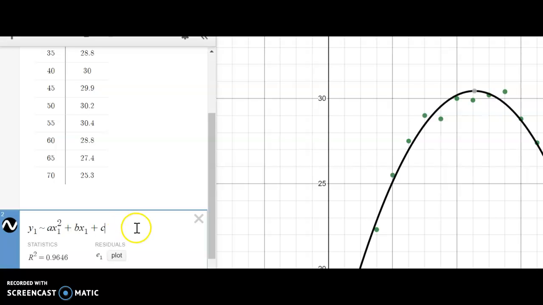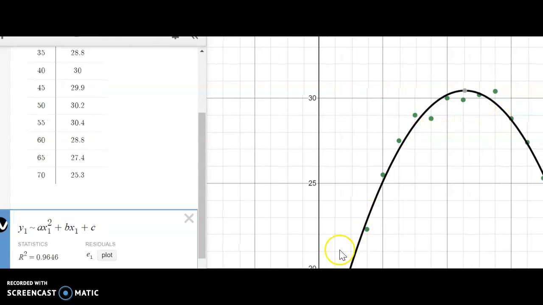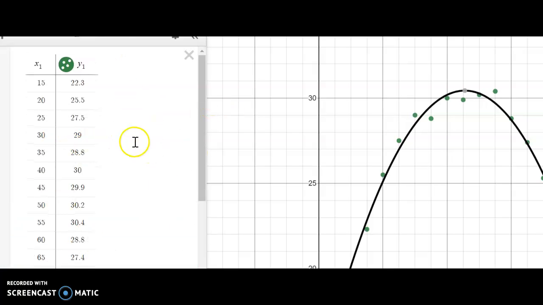And what that is going to do for us is, based on the data that we have here, our calculator is going to create a quadratic that it believes best models the relationship between these two variables. And we see it matches up pretty well, right? Most of these points fall pretty close to our quadratic. And so I'd say our calculator can actually do a really good job at trying to estimate the relationship between two variables as long as we're making accurate claims about what's happening.